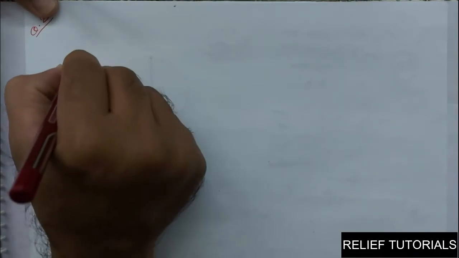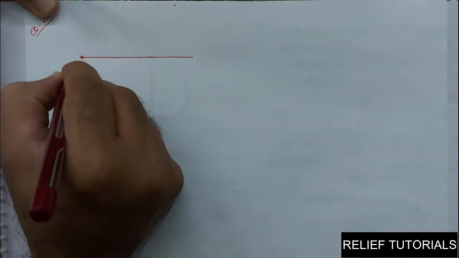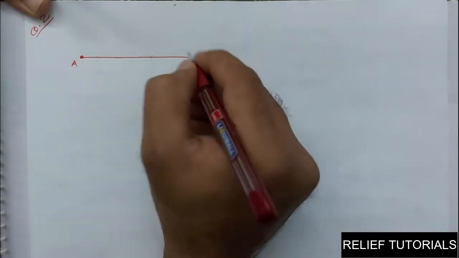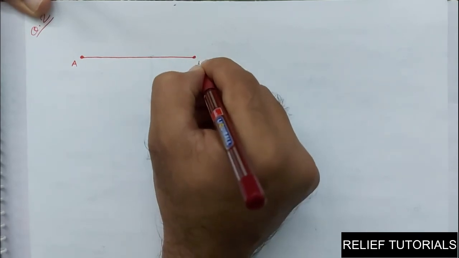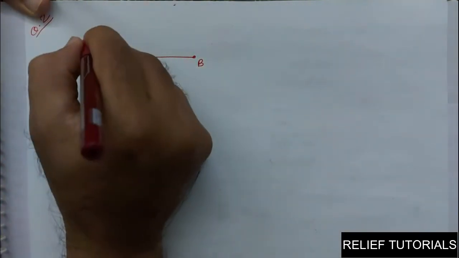Let us draw this type of straight path. So Joseph jogs from point A. Please look at the question from your textbook. Joseph jogs from one end A to the other end B of a straight path of length 300 meter.